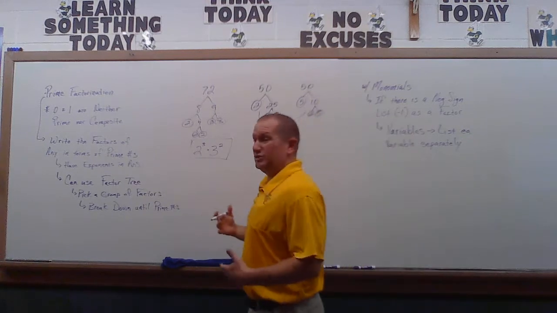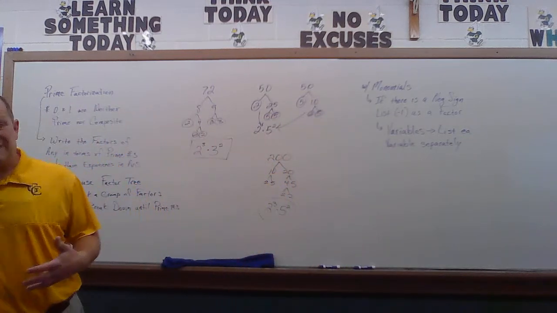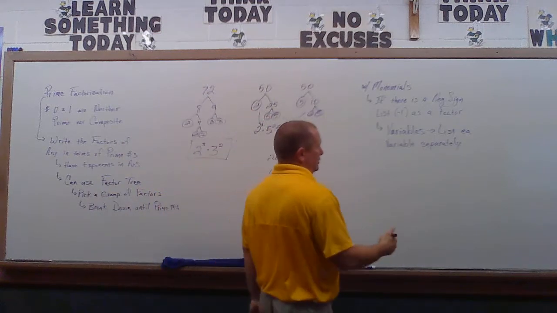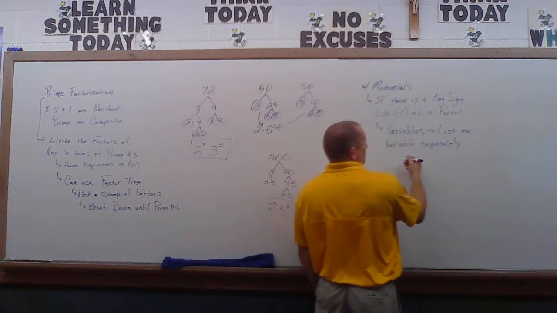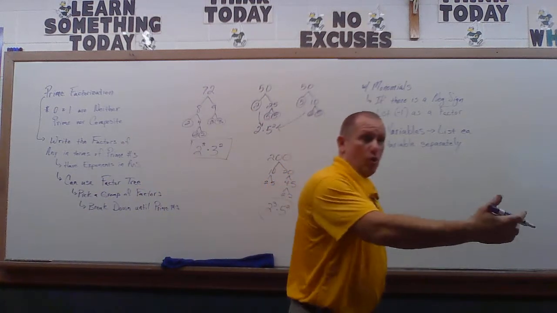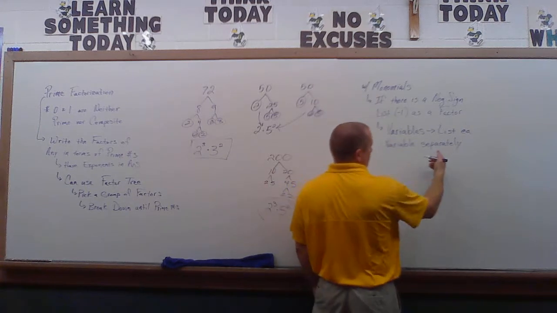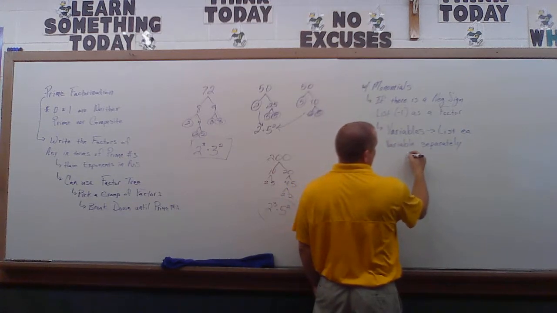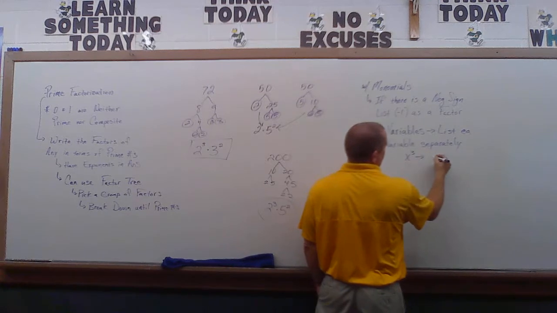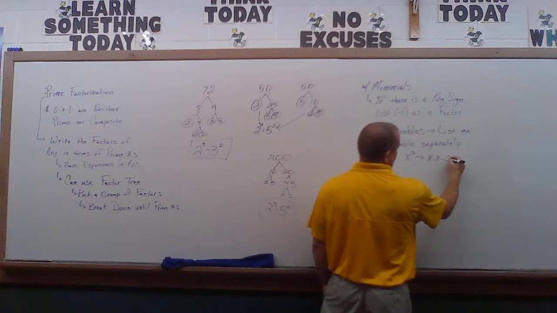Okay, so this includes anything that was with or in an exponent like we did yesterday. So they just want you to show all of the letters that are involved. So if, for example, I had x cubed, I would need to write it as x times x times x.